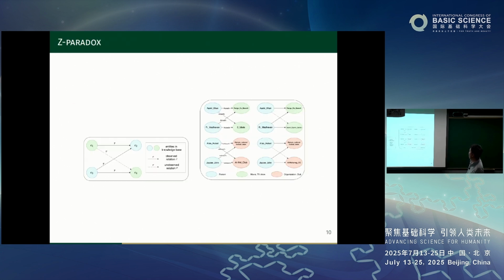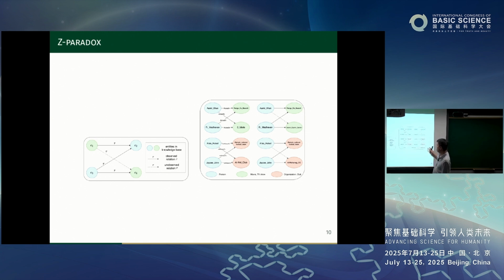And also here I want to give you, this figure is kind of small. Can you read it? Yeah. This Z paradox is a phenomenon we discovered in one of our papers. It says that here E1, E2, E3, E4 are 4 entities.